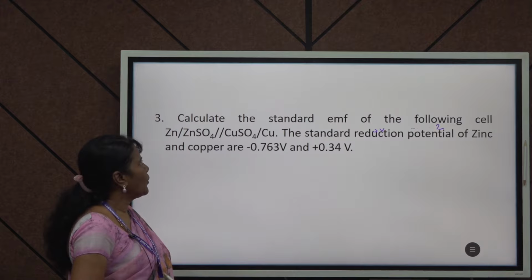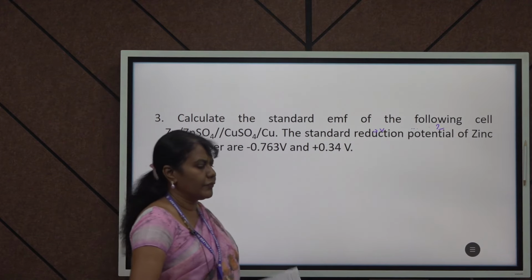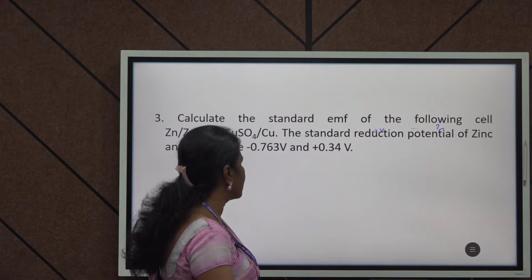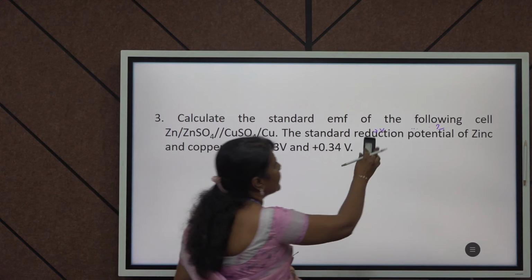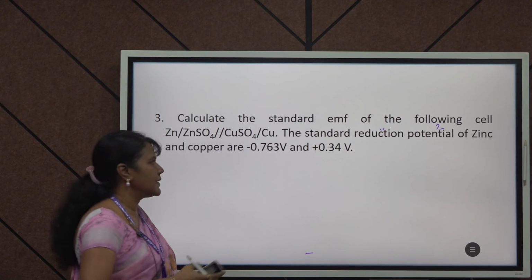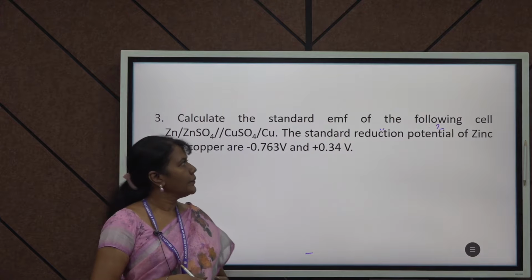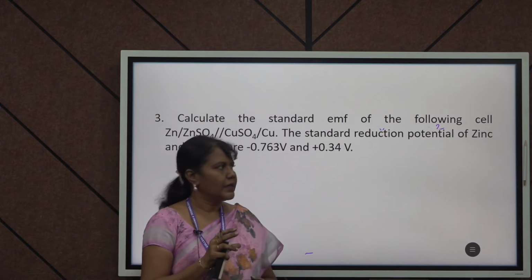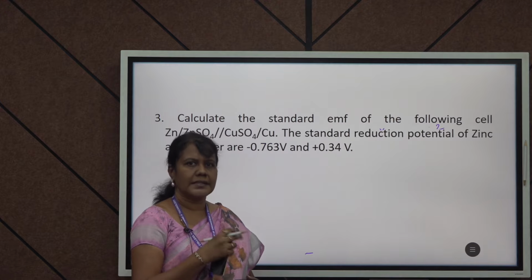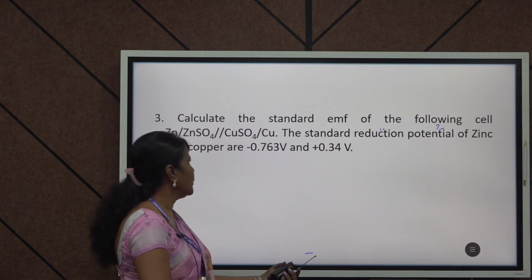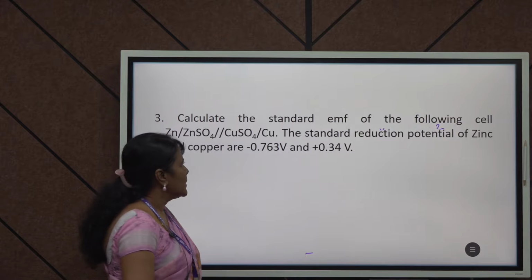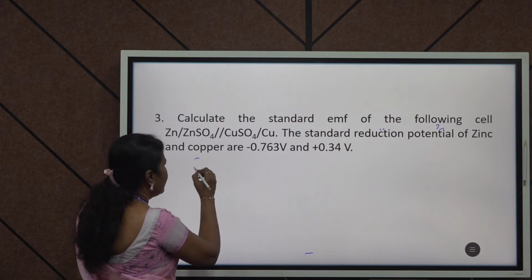This is a simple problem. Calculate the standard EMF of the following cell: Zn, ZnSO4, CuSO4, Cu. The standard reduction potentials of zinc as well as copper are given. So what we understand is a cell is there, and this cell has two electrodes, a zinc electrode and a copper electrode. The electrode potentials are given for each. So let's write the given data.